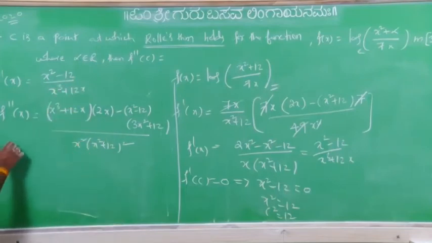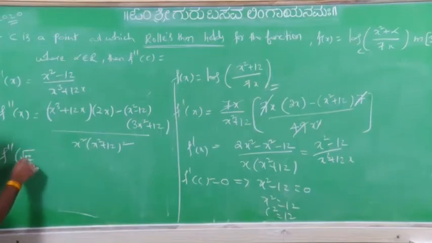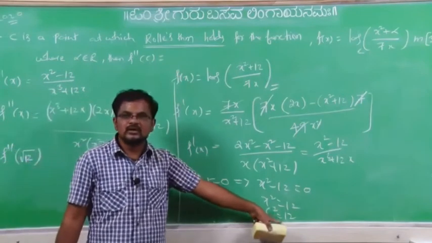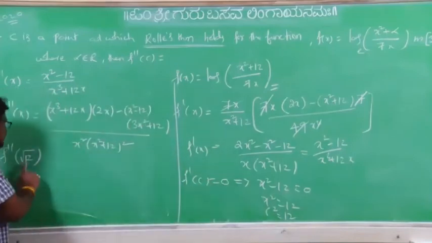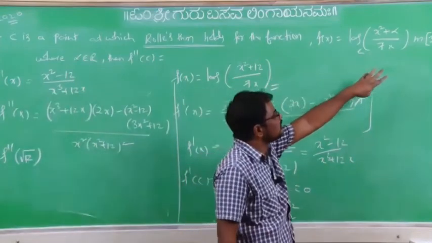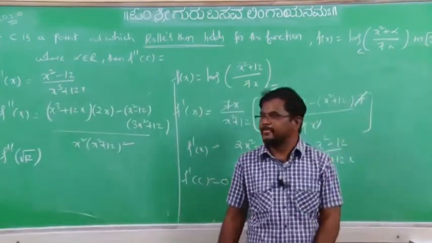Now f double dash of c equals what? Root 12, right? Because at which point we have to find, c equals root 12. Now if you take plus or minus root 12, in this one the positive value only exists.